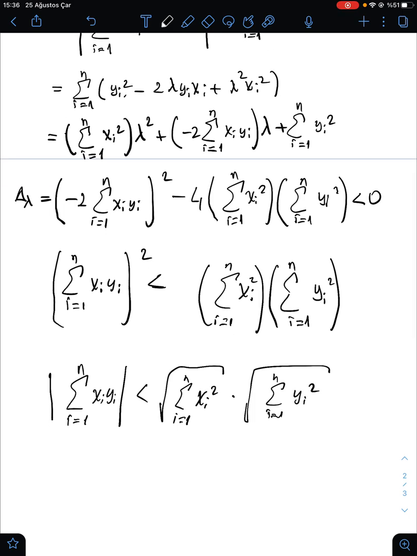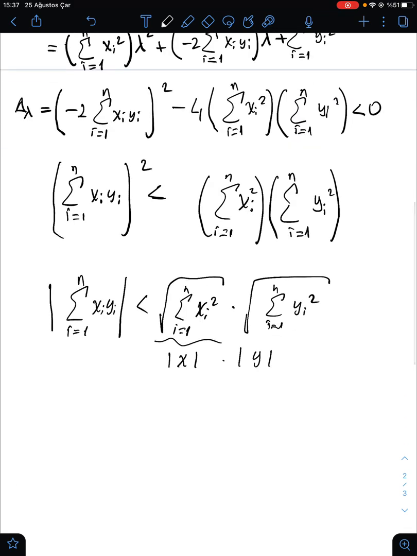But we define these as the absolute value, the length of vector x and of vector y, which are in R^n.